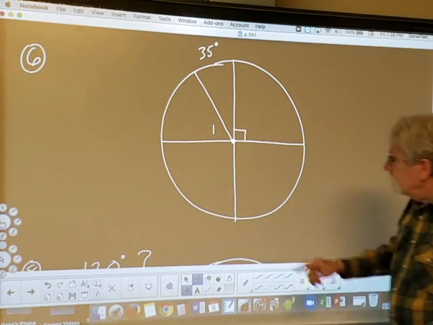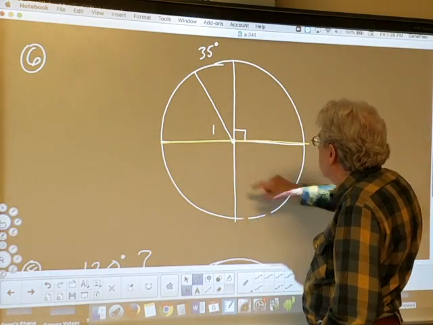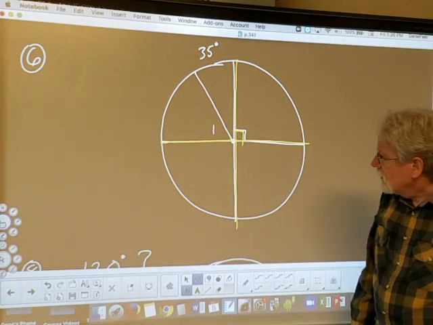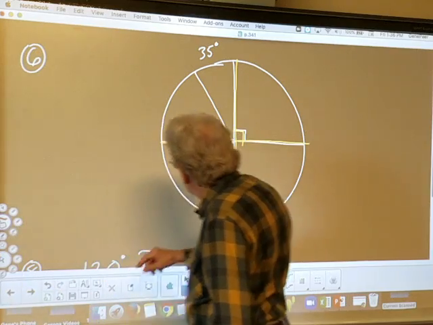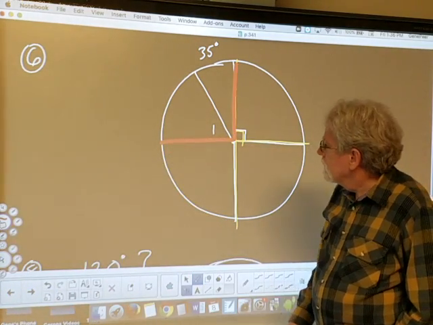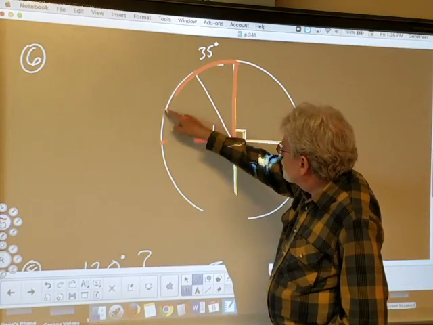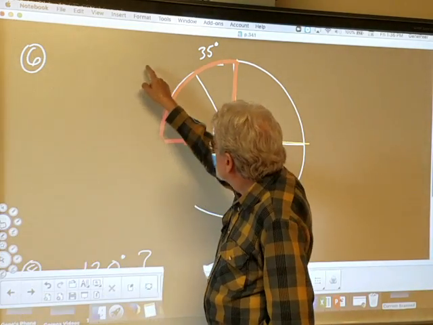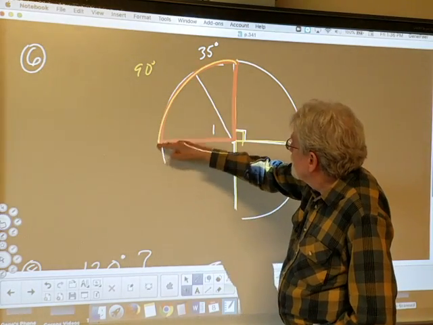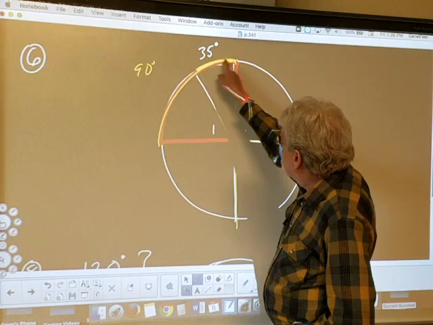For number 6, we have 2 diameters, there and there, that happen to be perpendicular to each other. Well, that means that since this is a right angle, the measure of this arc must be 90. But of that 90, 35 of it's sitting right here.